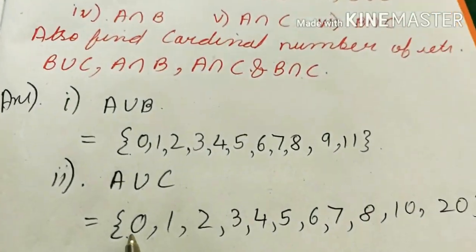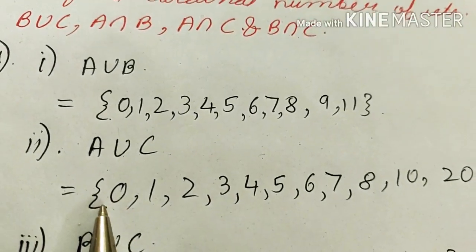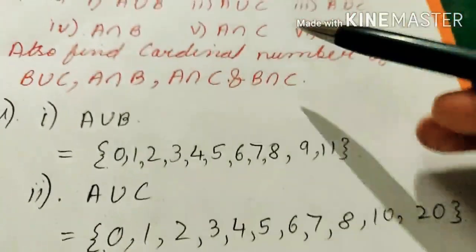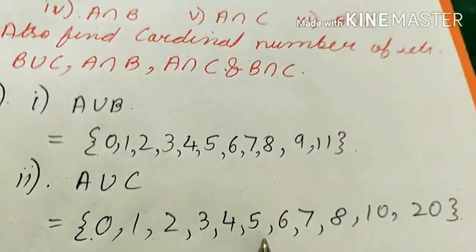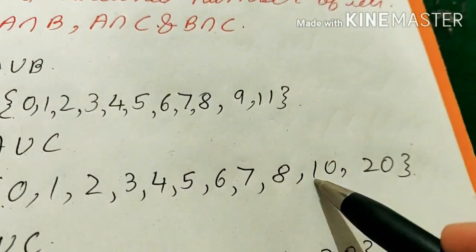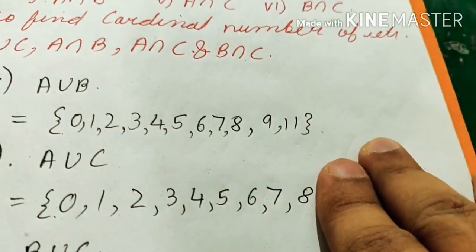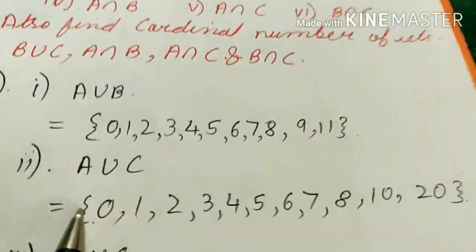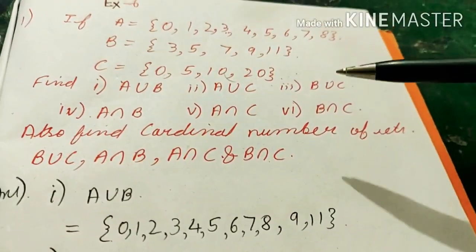Is 0 given in the set? Yes, 0 is given. If 0 had not been given here, we would have written a 0 here. Then 5. Is 5 present here? Yes, 5 is present. Then 10 is not present here, so I wrote 10 here. Then 20 was not present up to this, so I wrote 20 here. So this is a set that contains all the values of A as well as of C.